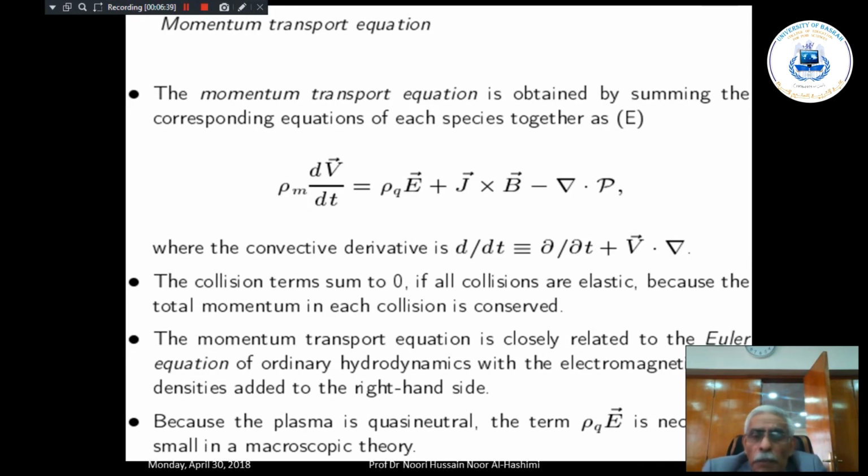The momentum transport equation is closely related to the Euler equation of ordinary hydrodynamics with the electromagnetic force density added to the right hand side. Because the plasma is quasi-neutral, the term rho sub Q E is necessarily small in a macroscopic theory.